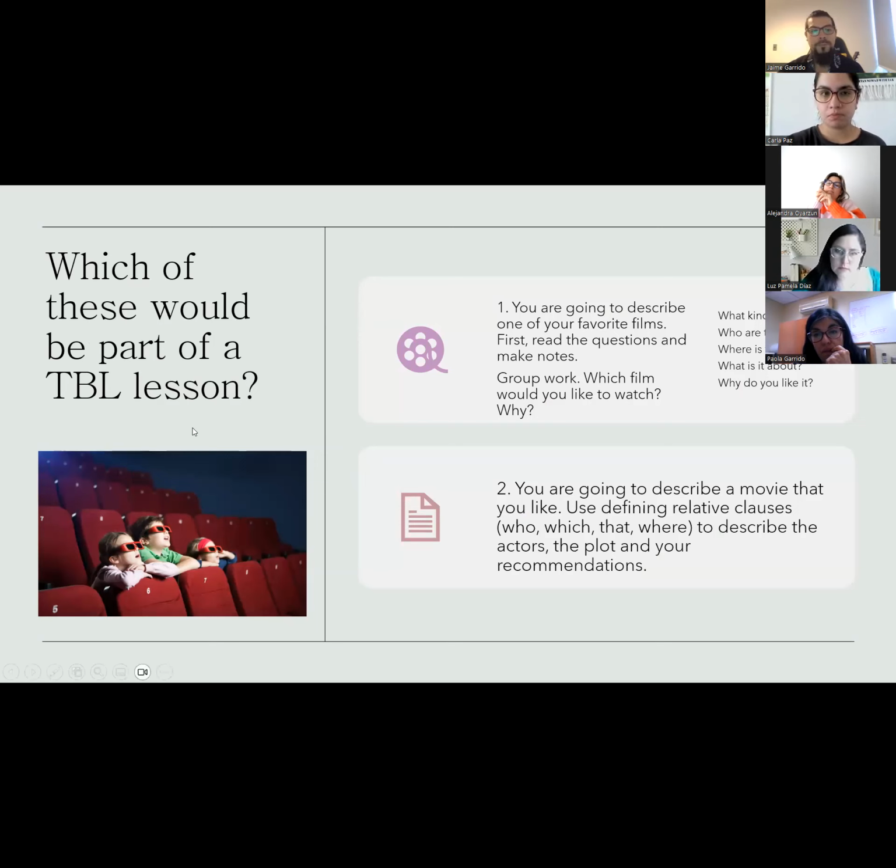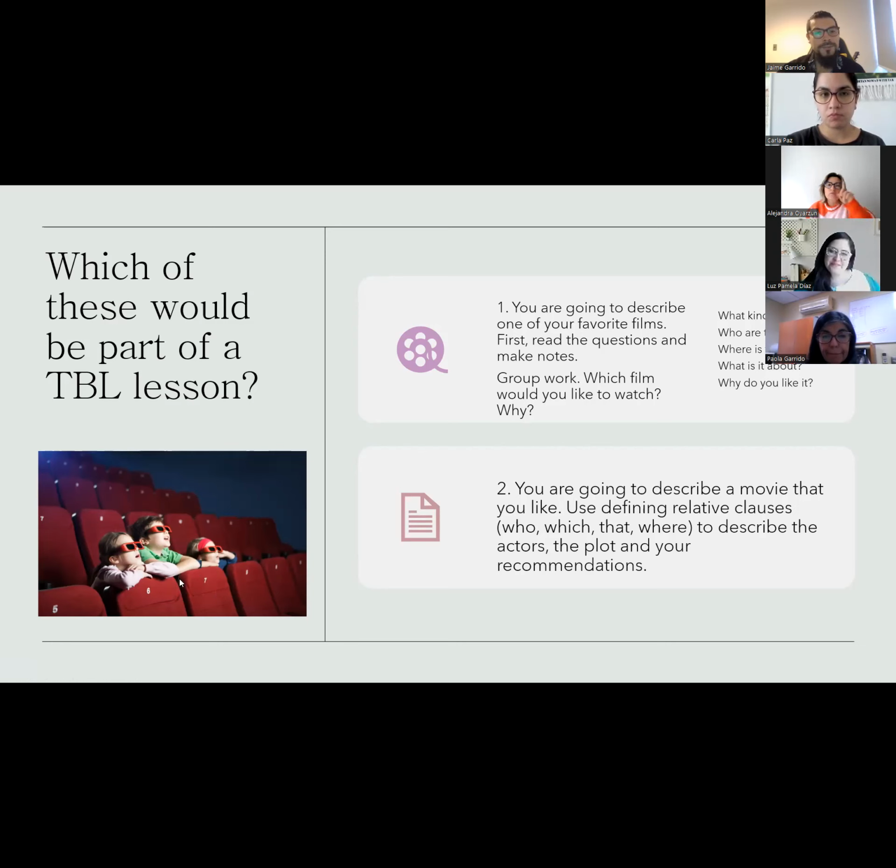Okay, that's option one. Number two, you're going to describe a movie that you like. Use defining relative clauses, using who, which, that, and where to describe the actors, the plot, and your recommendations. Okay, so question for you. Which of these would be part of a TBL lesson? Number one, number two.